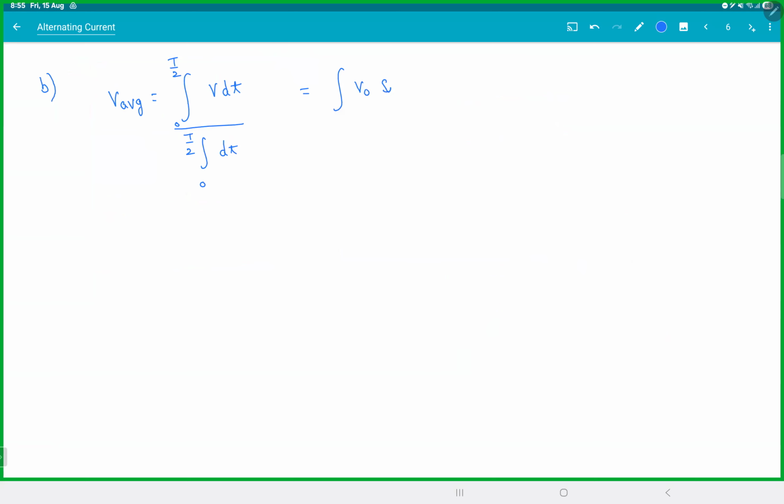This will be V naught sine omega t dt, 0 to T by 2, by T by 2. And this will be V naught minus 1 by omega cos omega t. Limits will go from 0 to T by 2.